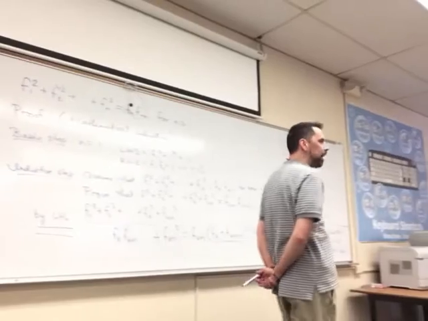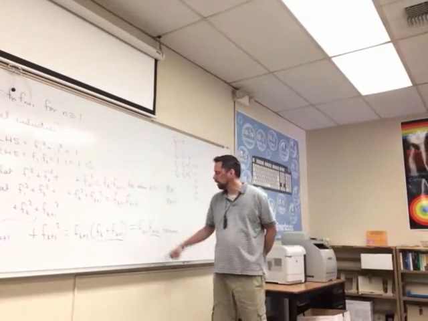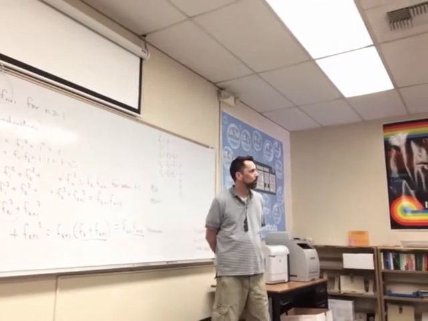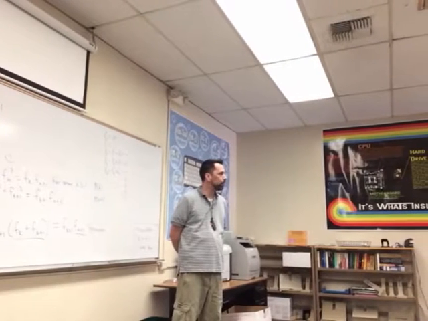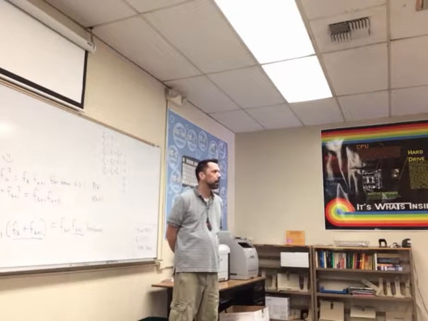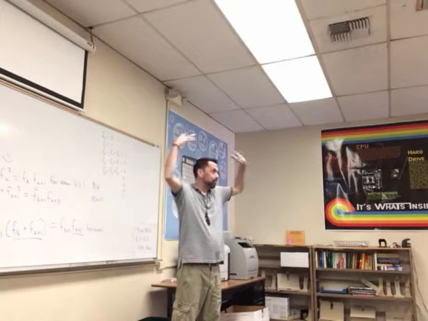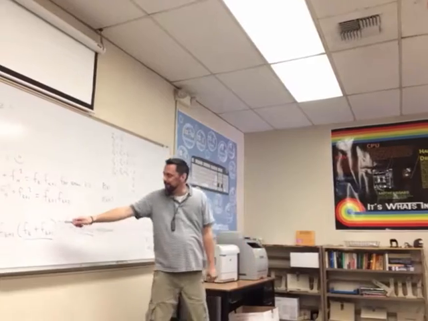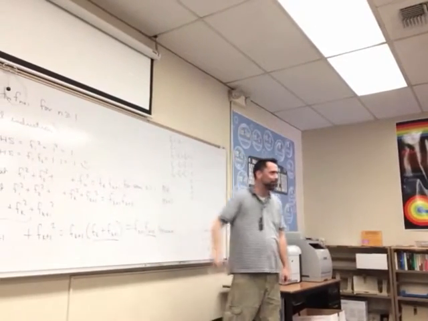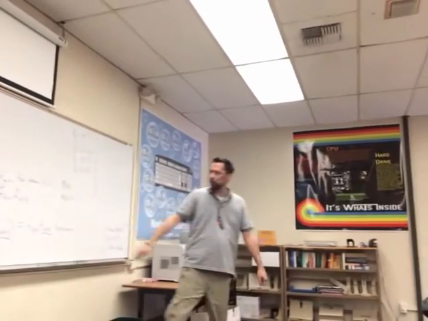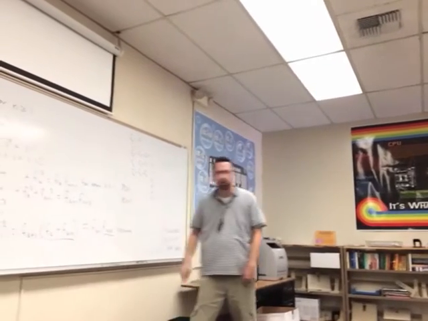How do you make Fibonacci number k plus 2? You add together what? Fibonacci numbers k and k plus 1. These are the previous two Fibonacci numbers right there. So of course this and this add up to this.